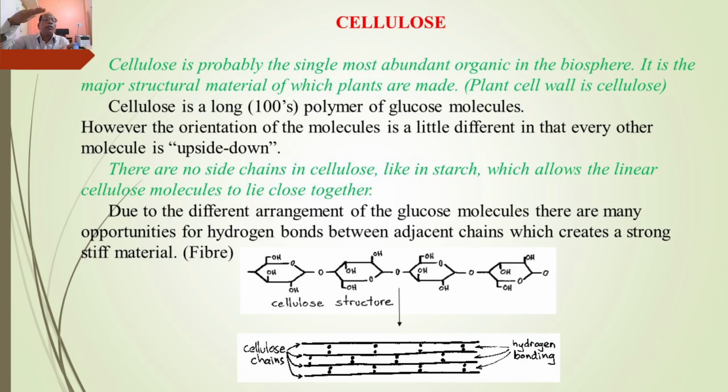This happens due to the bonding of hydrogen atoms between the adjacent cellulose chains, and this forms the structural component or the fibers in the plants.